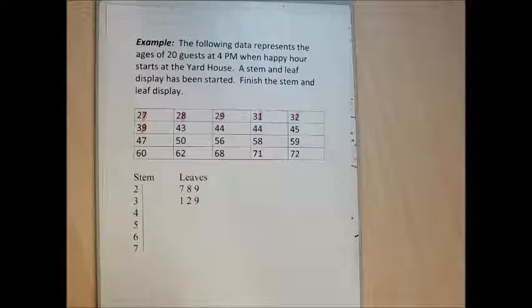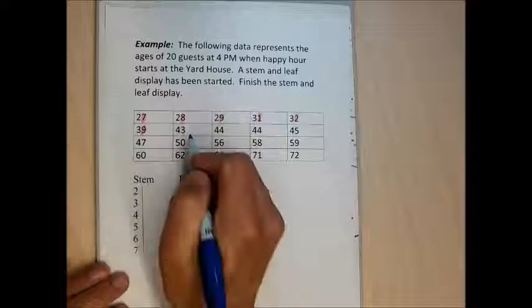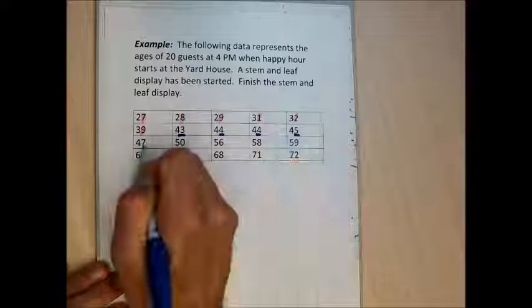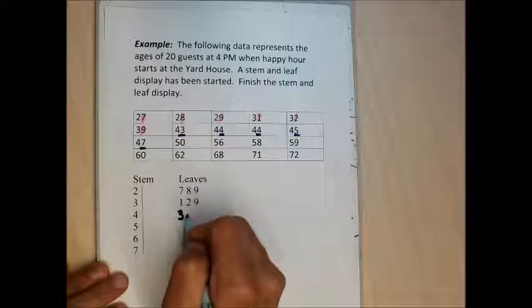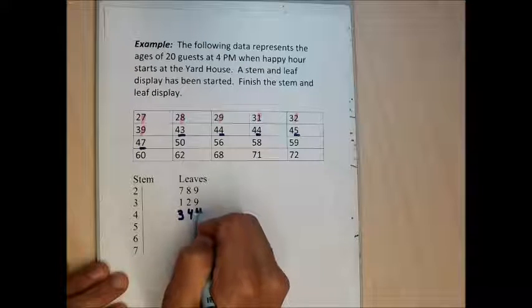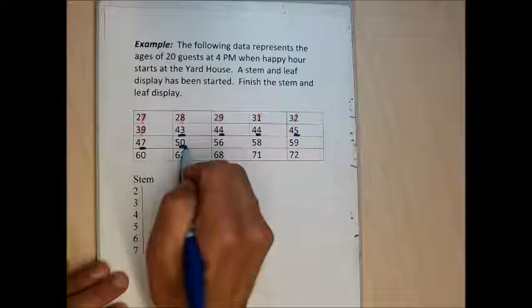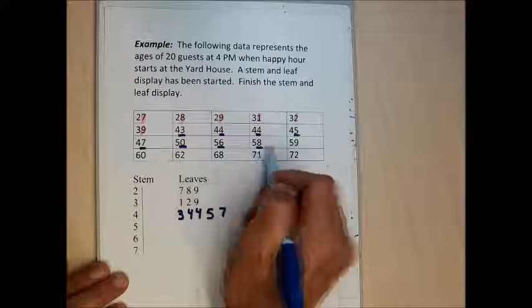I'm just asked to finish this. I can't imagine this is rocket science. Next to the 4, I'm going to put a 3, a 4, a 4, a 5, and a 7. Next to the 5, I'm going to put 0, 6, 8, and 9.